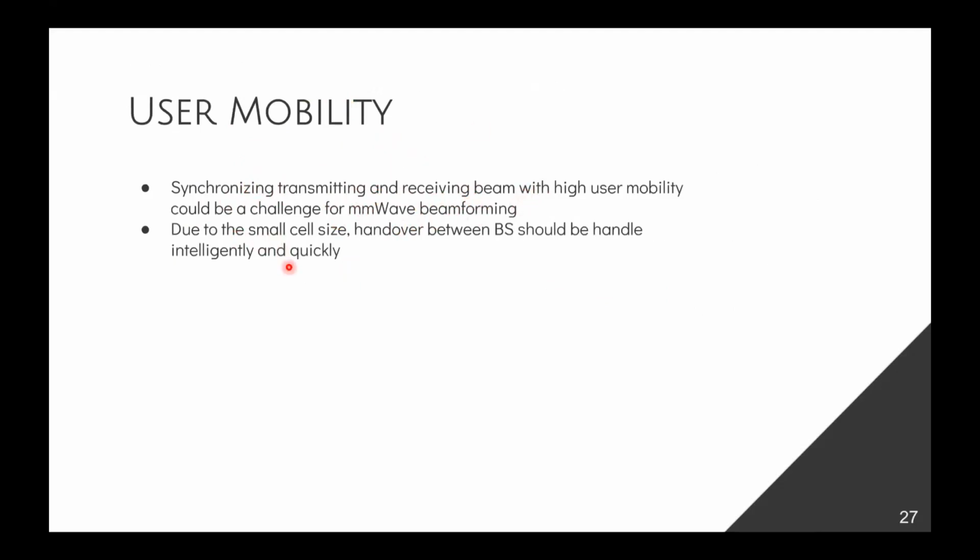Also, due to the small cell size, handover between base stations should be handled intelligently and quickly, because the user is moving quite fast relative to the small base station coverage.